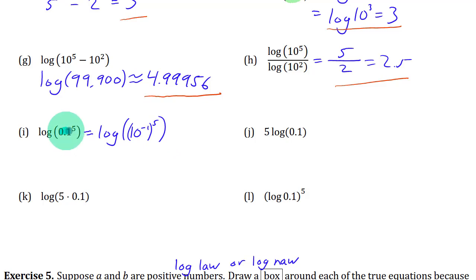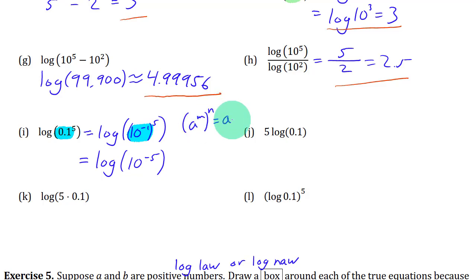To combine this into just 10 to a power inside the logarithm, this would be the same as log of 10 to the power negative 5, because remember the power to a power rule, as I call it: if you have something to a power and then that to another power, you multiply the powers. So I'm just multiplying the negative 1 times 5.